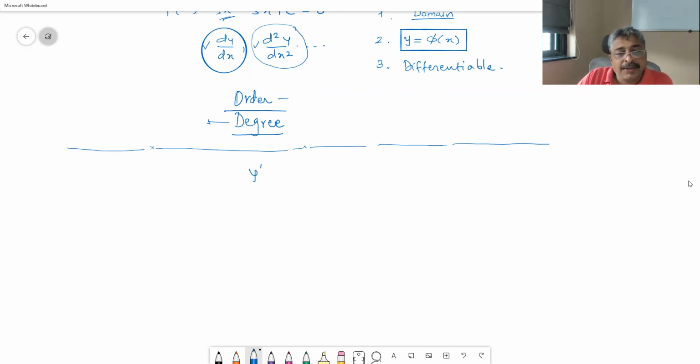y dash is equal to f of x comma y. This is one way of expressing differential equation. We will call this as explicit.